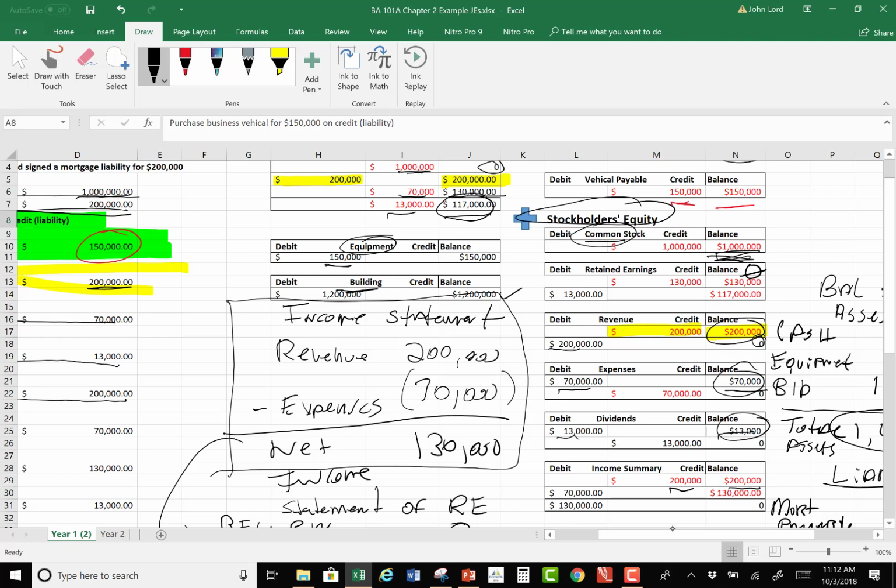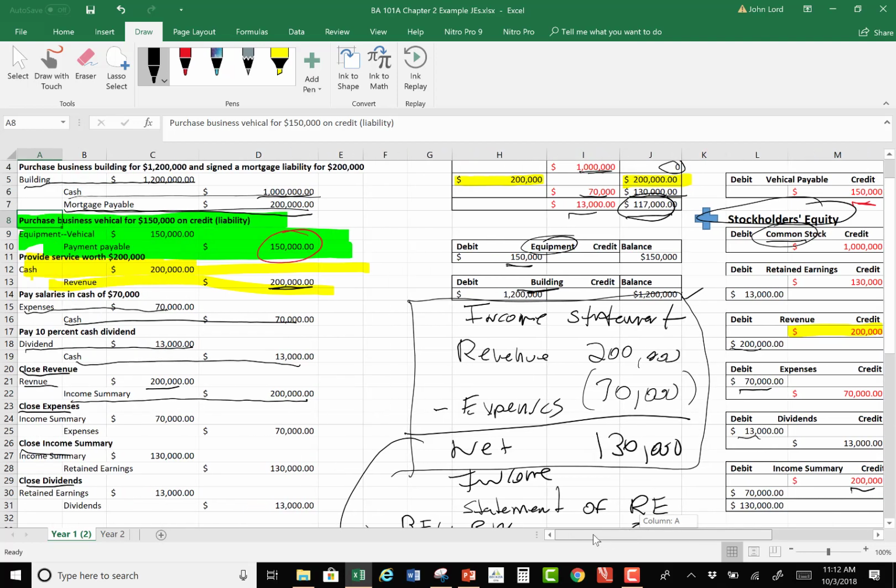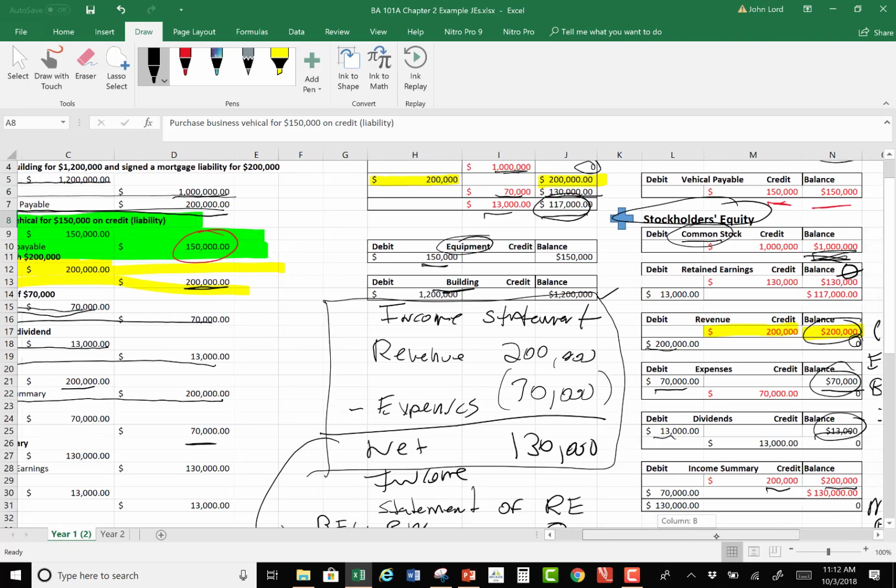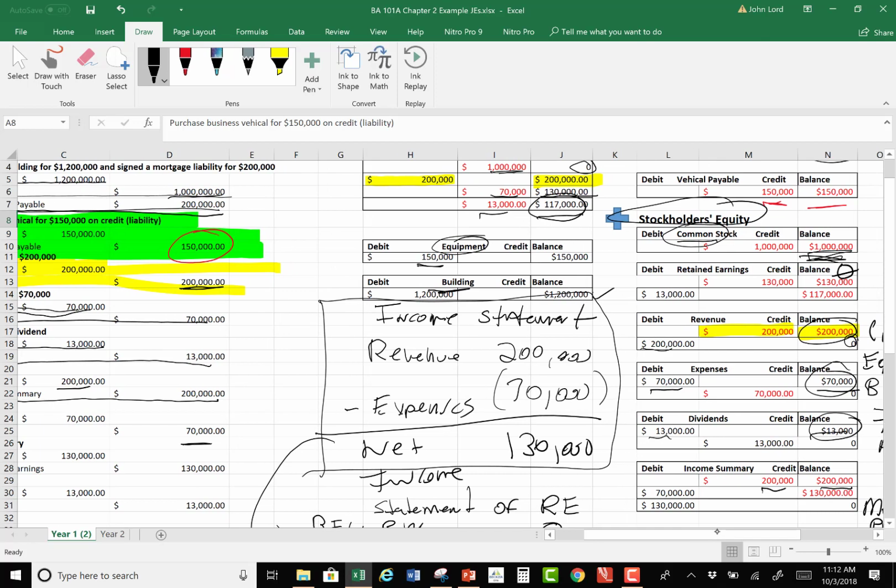But I also have to close my expense accounts. I want those to go back to 0. During the year, when I paid those guys, I had debited expense, right? If I want to turn it back to 0, I want to decrease it, so I'm going to credit it 70,000. When I credit it 70,000, does it go to 0, which is what I want? I credited 70,000. I post that credit. It is now 0. During the year, I debited it. That brought it up to 70,000.